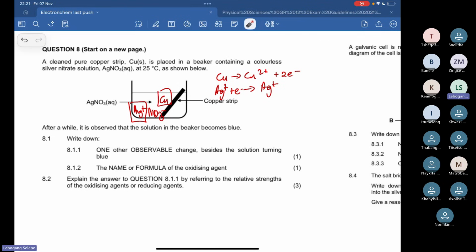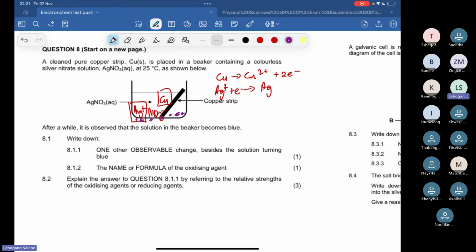But what other observation would we see? We would see deposits of, okay, this is not Ag+, it's solid Ag. So Ag+, which was in aqueous solution, becomes solid Ag, and therefore we would see deposits of solid Ag on the floor of the solution. Is it making sense, guys?